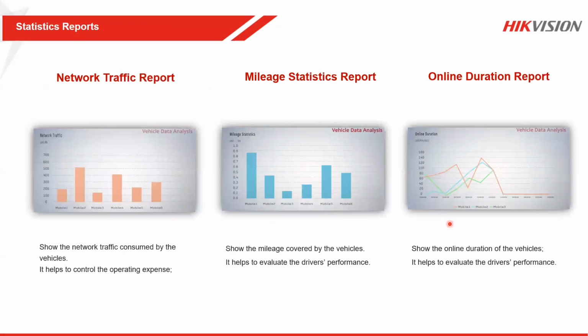Then on the reports, like I mentioned on the reports earlier, so this is more detail of the reports which we can extract. So we can look at a network traffic report. So this is a type of a bandwidth report, showing different vehicles and how much bandwidth they are using of your network.